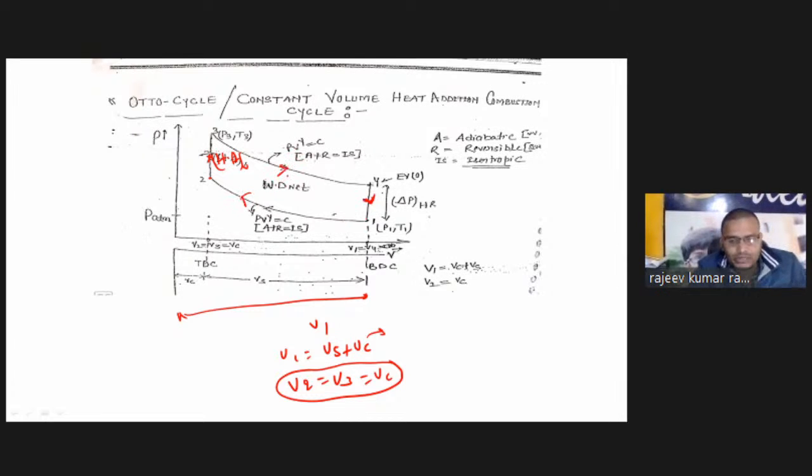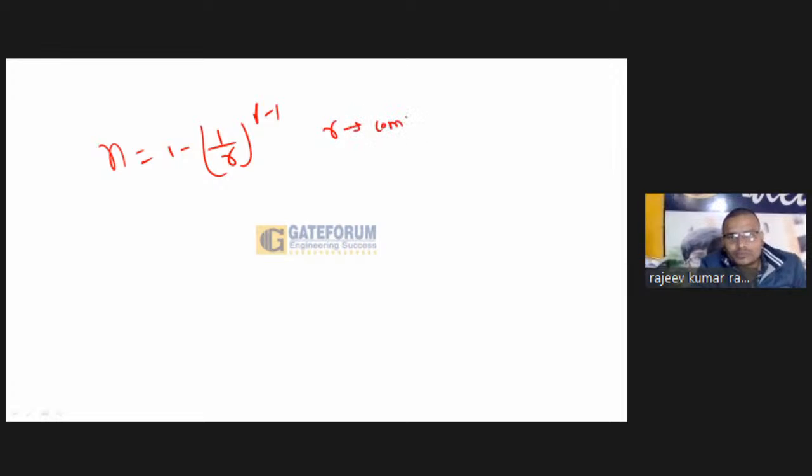And it is going to compression, and this is your expansion. So my dear friends, if you ask what the efficiency will be, efficiency will be 1 minus 1 upon r to the power gamma minus 1. What is r? r is called the compression ratio, and r is given by V1 upon V2.